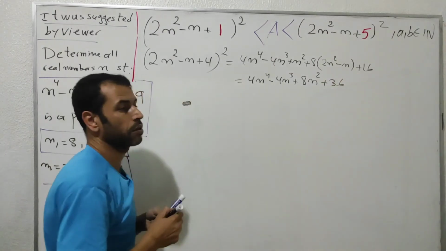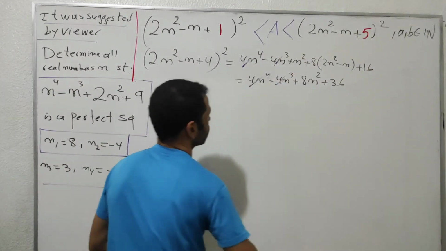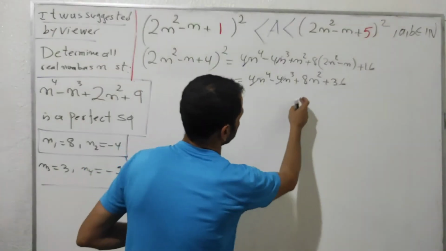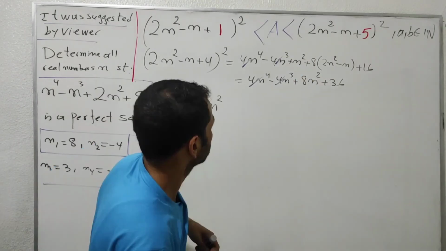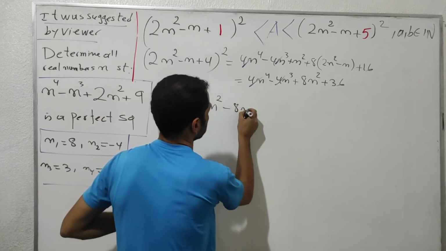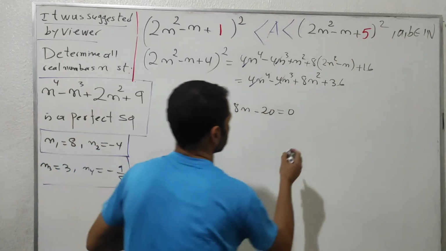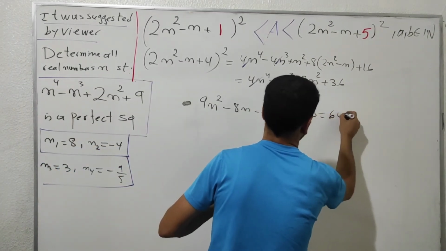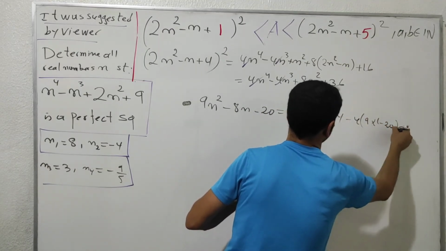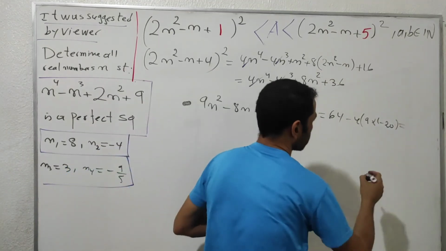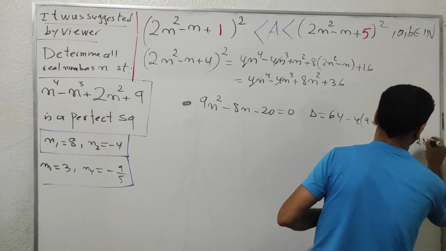Okay, making the comparison between the left and the right hand side of this equation, I get here too many things going to cancel out, so I will be left with 9n square minus 8n minus 20 equals 0. Now by calculating delta of this one, I get 64 minus 4 times 9 multiplied by minus 20. Calculating this delta, we get here 784, which is the same as 28 quantity square.